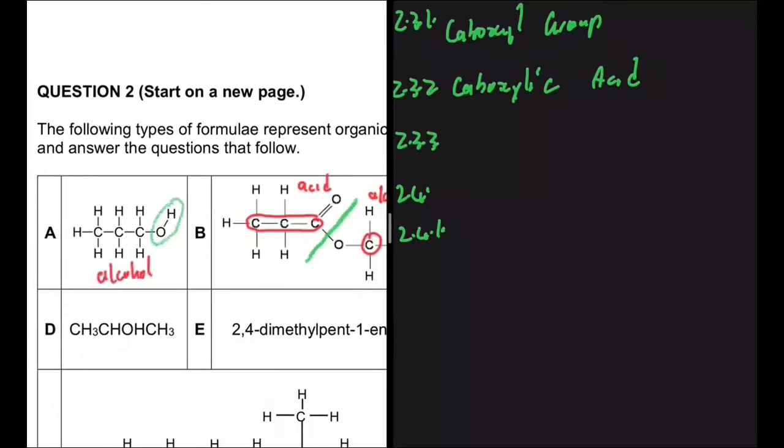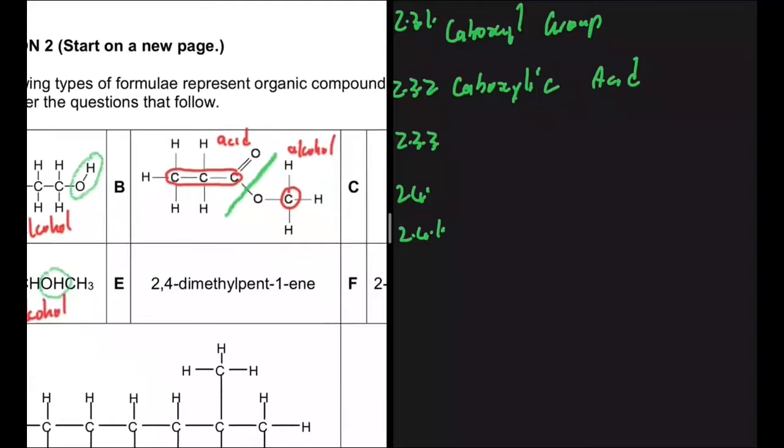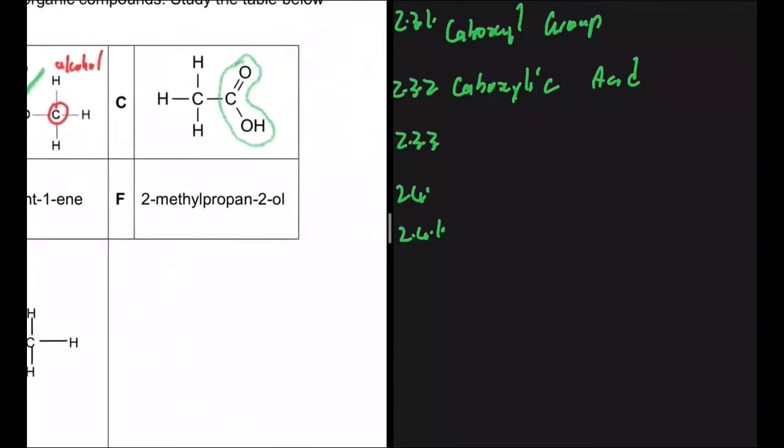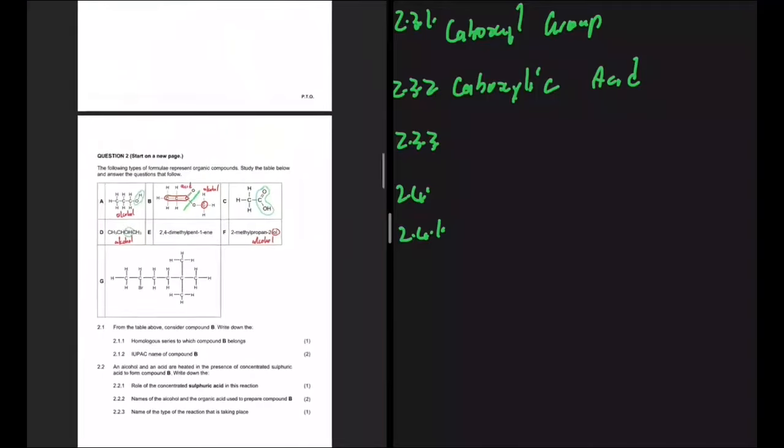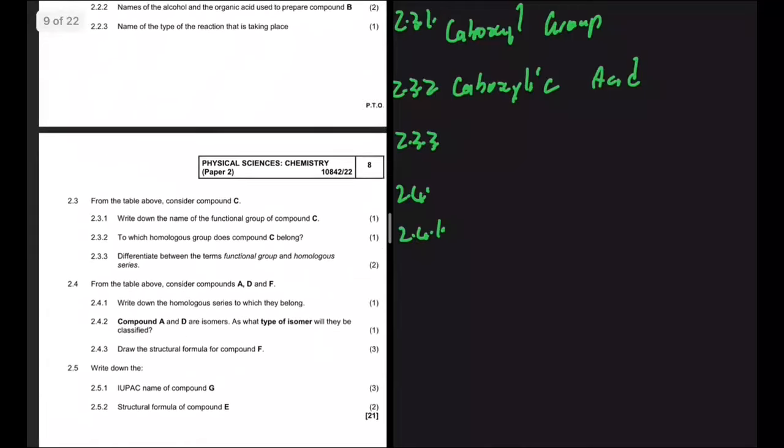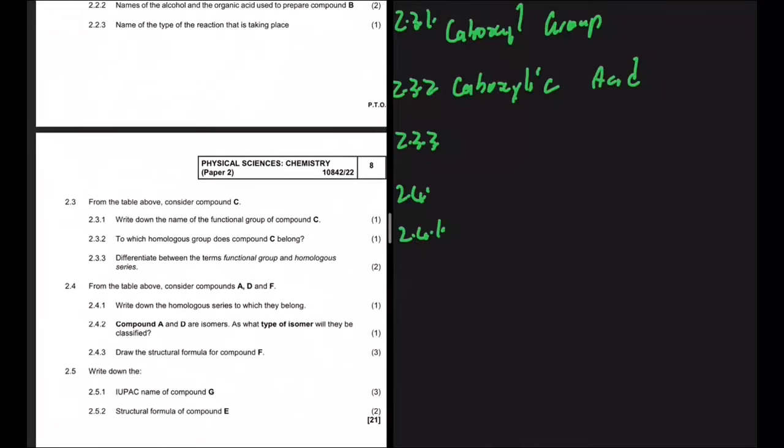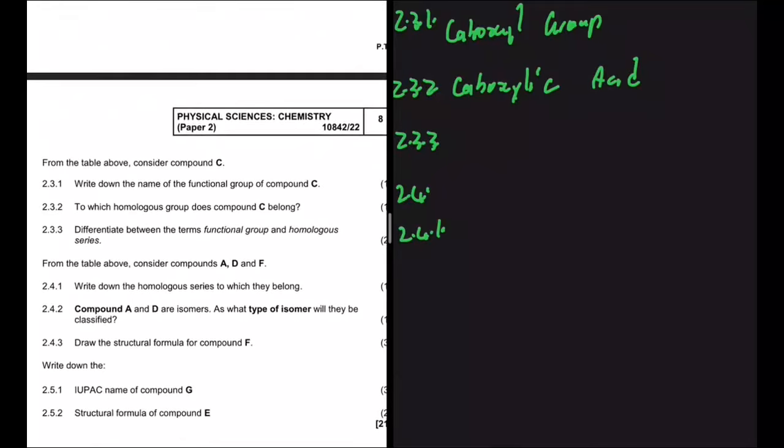And then compound D, we also have another OH, so that is another alcohol. Let's look at compound F. It ends with ol, so we have another alcohol again. So A, D, and F are alcohols as far as the homologous series is concerned. So the answer to 2.4.1 will be alcohols, because A, D, and F are all alcohols.